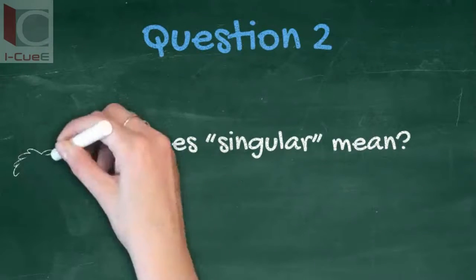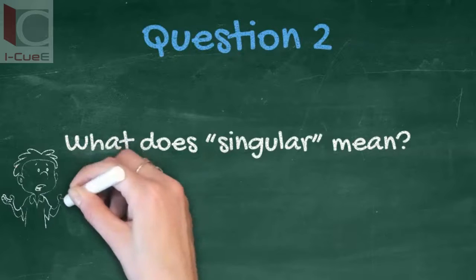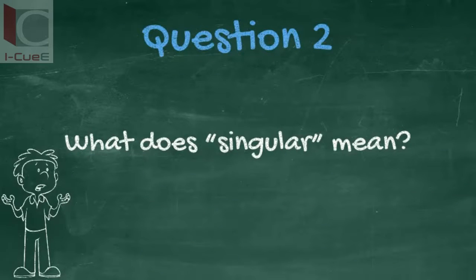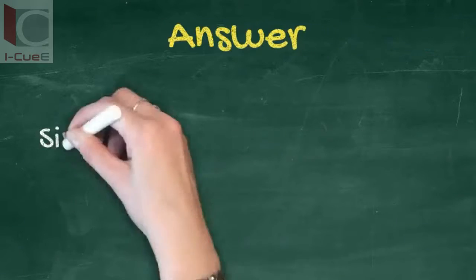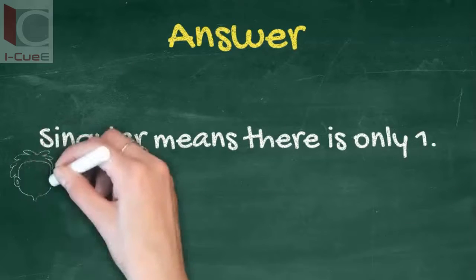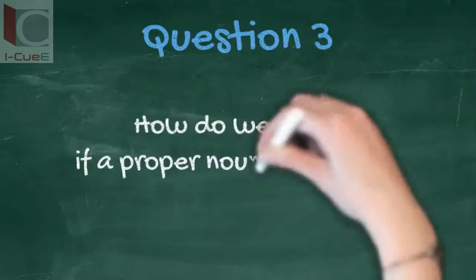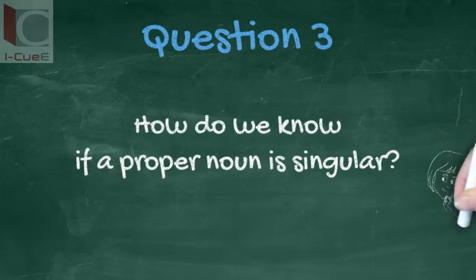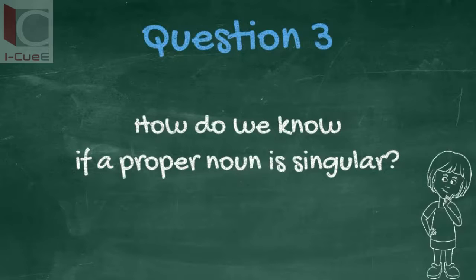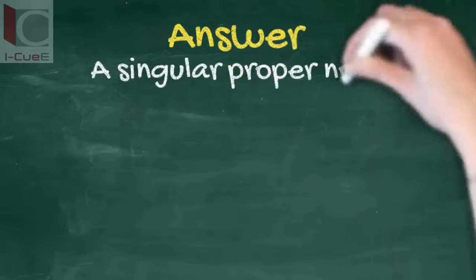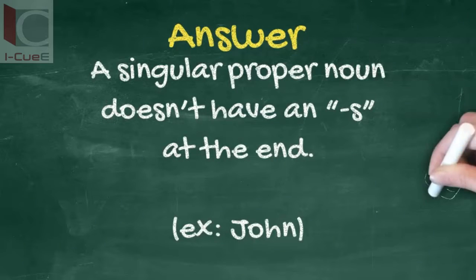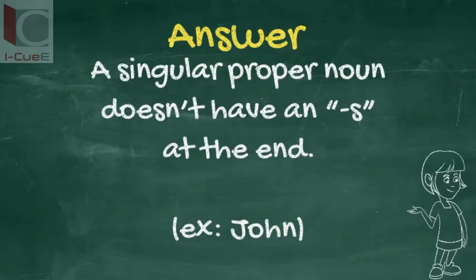What does singular mean? Singular means there is only one. How do we know if a proper noun is singular? A singular proper noun doesn't have an S at the end. Example, John.